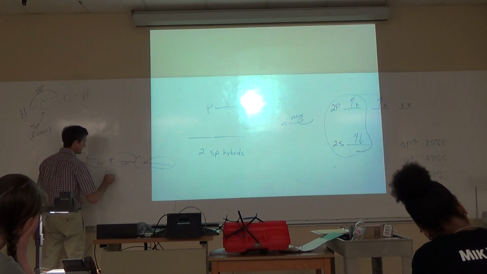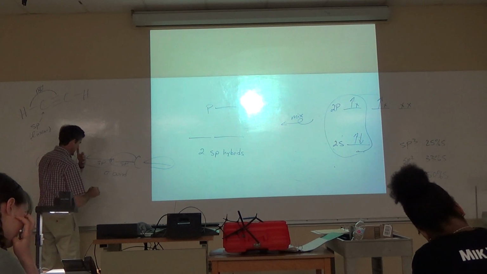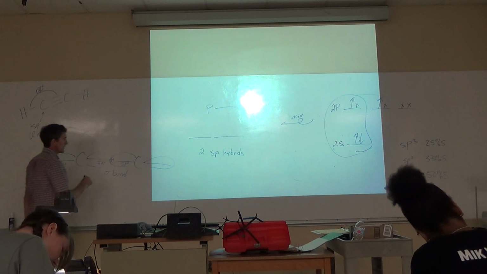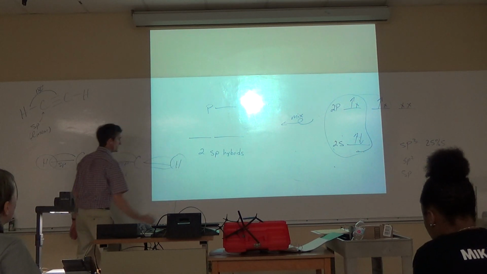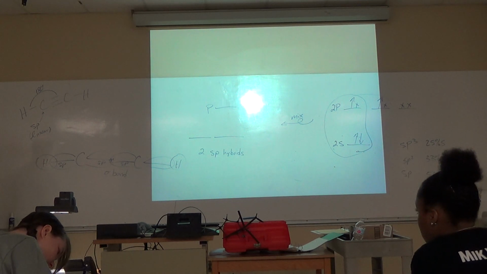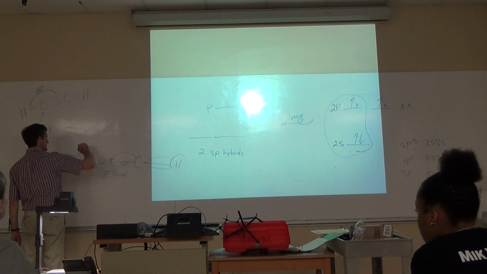What type of bond did we just make? Sigma bond, right? Head-to-head overlap of two hybrids. This carbon is bonded to an H over there. What else is on each carbon? Two p orbitals. One of them is in the plane, along with this.